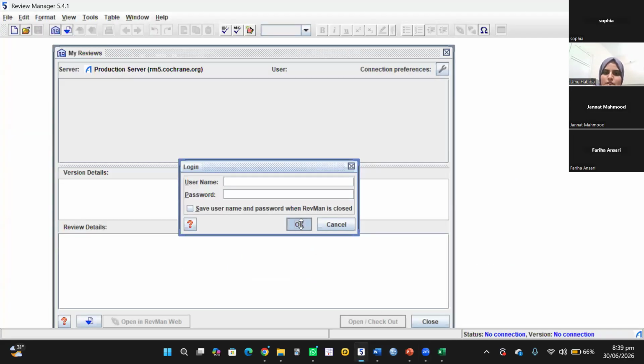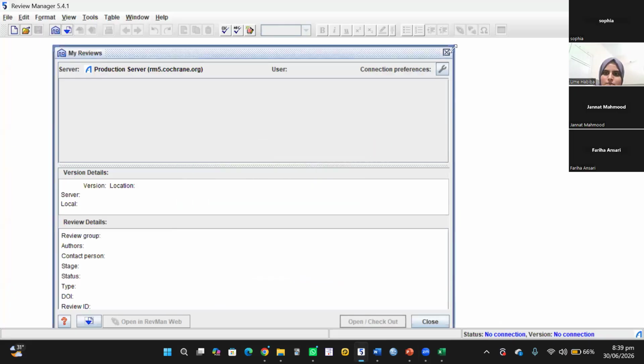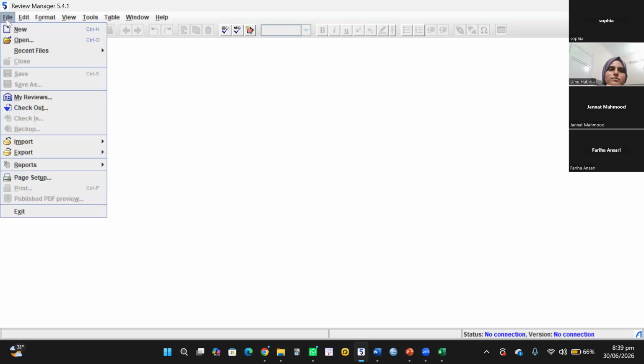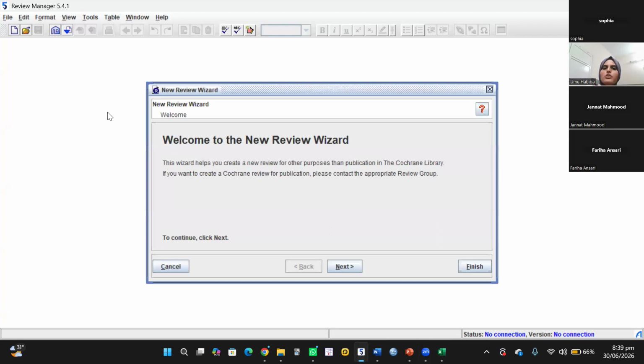It would open like this. Right at the top, you have this option called File. You click on File and you click on New because you want to create a new review, right?